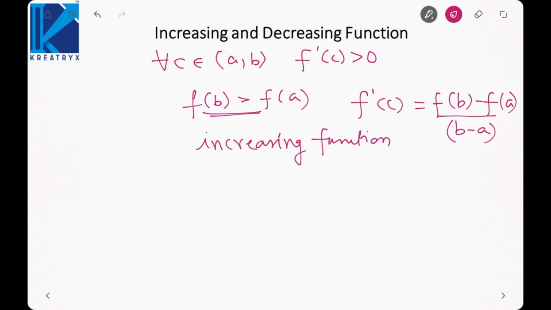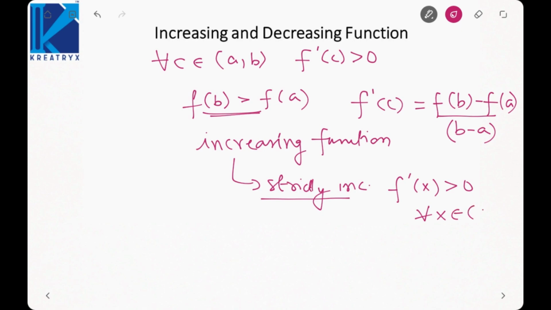Now there are two cases even in the increasing function. The special case is known as strictly increasing function. Okay, what is meant by strictly increasing? That f dash x is greater than 0 for all x belonging to an interval, whereas just increasing means f dash x is greater than or equal to 0.